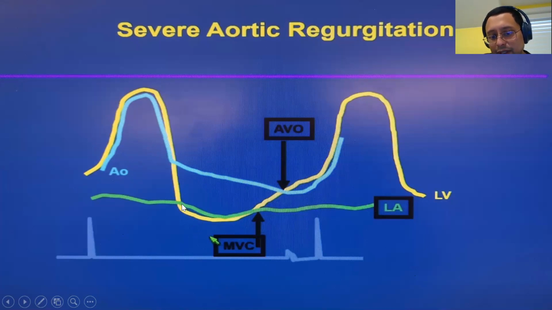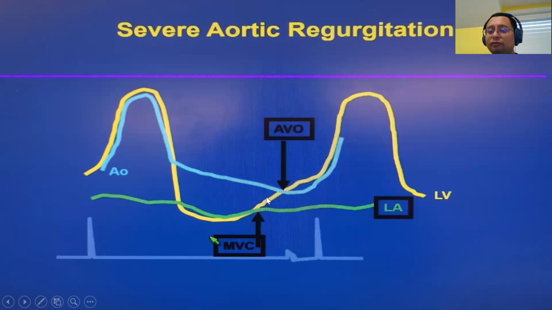Before the end of diastole, the left ventricular pressure has already gone above the left atrial pressure. So therefore, you get early diastolic mitral valve closure.